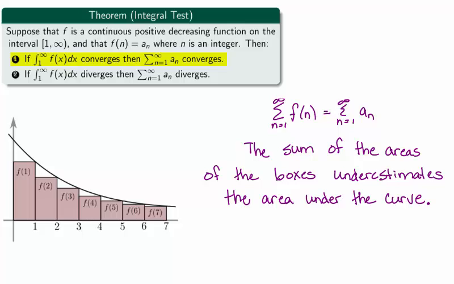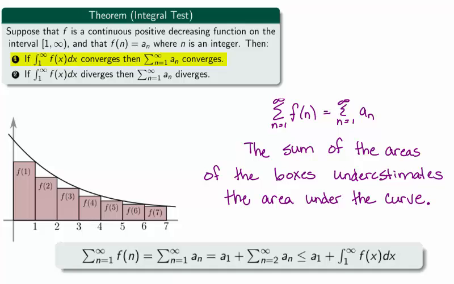More precisely, we have shown that the sum n equals 1 to infinity of f of n, which equals the sum n equals 1 to infinity of a sub n, equals a1 plus the sum n equals 2 to infinity of a sub n, is less than or equal to a1 plus the integral from 1 to infinity of f of x dx. So if the improper integral converges, then so does the corresponding series.